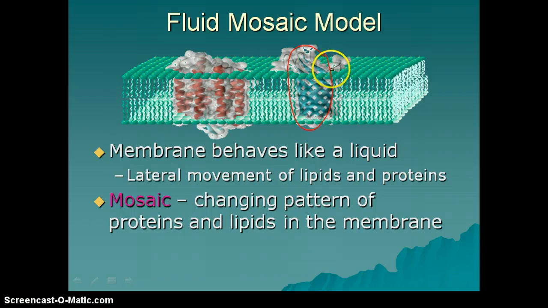It can move maybe from there, and the next time it'll be here. And so the idea is that the membrane is more like a fluid in that things can move around inside there. They're not stuck. And mosaic just means a changing pattern, so they can kind of move around and look different every time you look at that particular membrane.